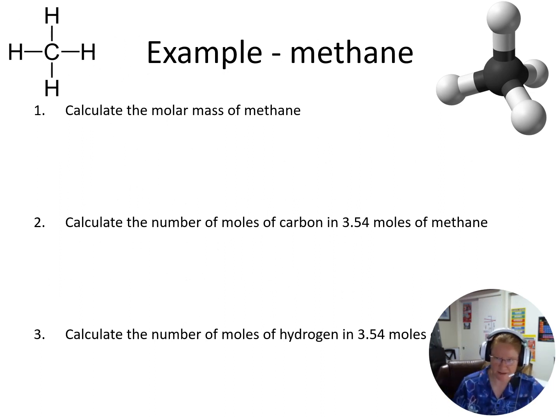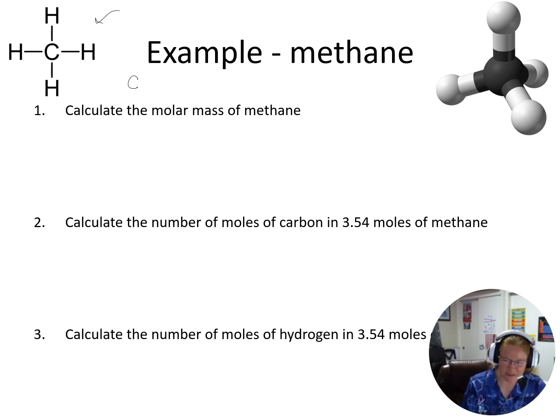Okay, let's try some more. We're going to do methane over the next little bit here. So our first thing asks us to calculate the molar mass of methane. So instead of giving you the formula, I put a couple of pictures up on here. So if I look over here, I have this. Well, if I look at this, how many carbons do I have? I have 1.